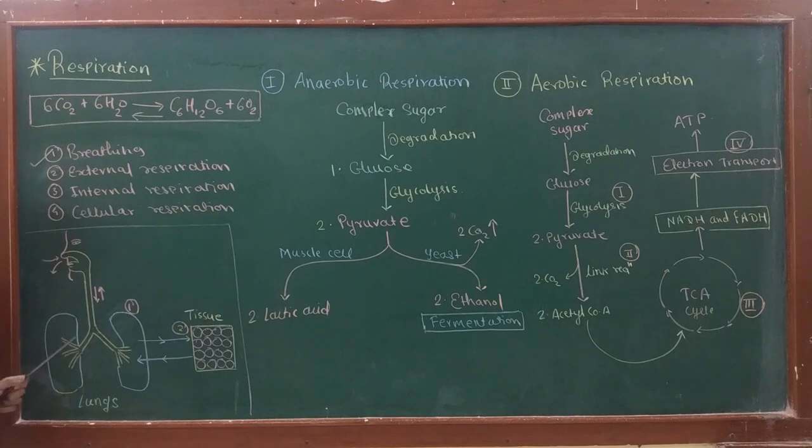At the time of inspiration, oxygen enters through the nostrils, nasal chamber, pharynx, trachea, and bronchi, and finally reaches the alveoli present inside the lungs. So breathing is the process in which an animal takes oxygen in and leaves carbon dioxide outside. It is called breathing.